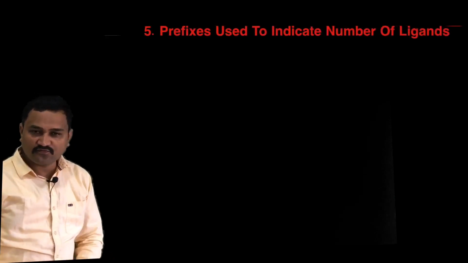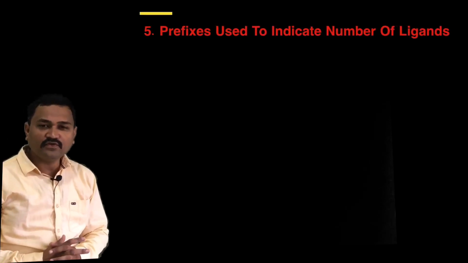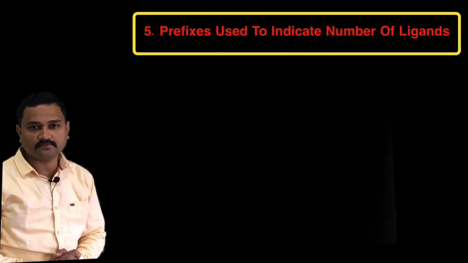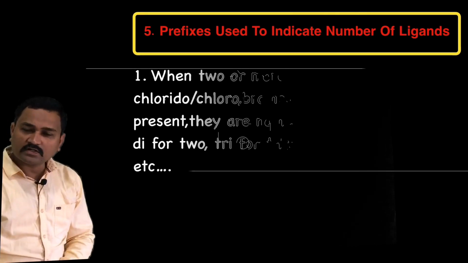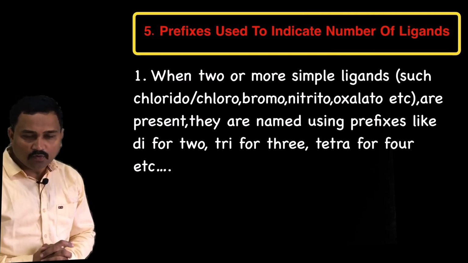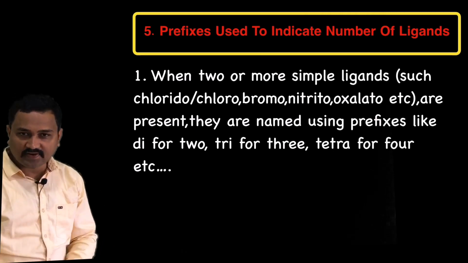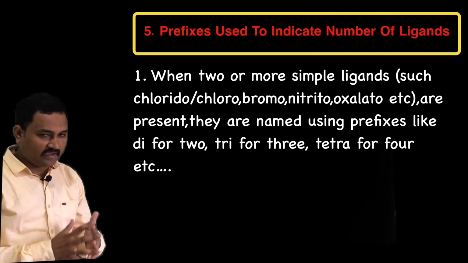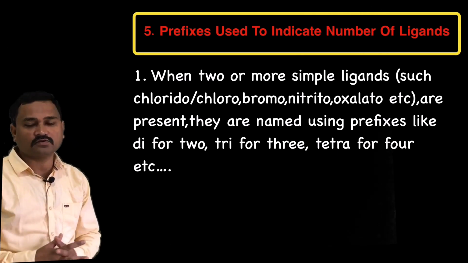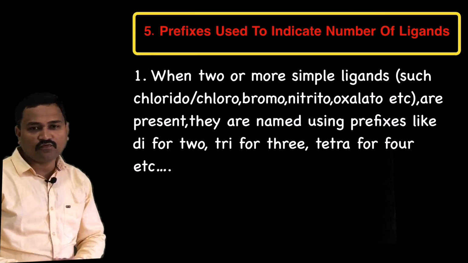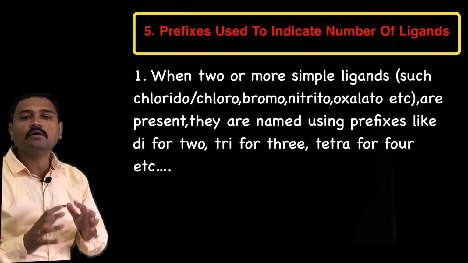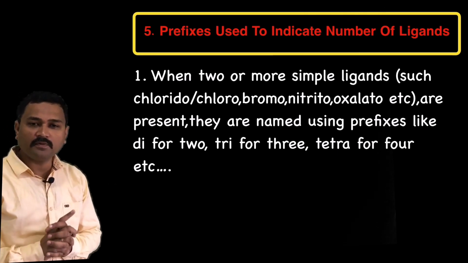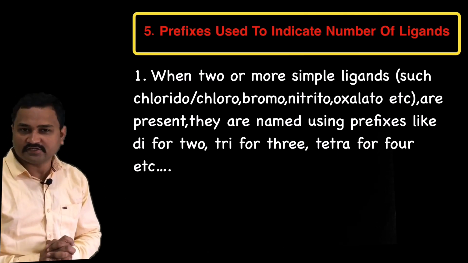Now the rule number 5, that is prefixes used to indicate the number of ligands. So point number 1, when 2 or more simple ligands are present, then simple prefixes such as di for 2, tri for 3, tetra for 4, penta for 5, and so on are used to indicate the number of ligands present in the coordination compound.